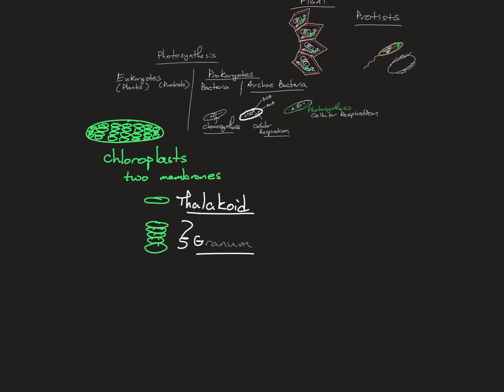chloroplasts are only found in eukaryotes because, guys, prokaryotes don't have any internal organelles except ribosomes. They don't have a nucleus, hence prokaryote. They don't have mitochondria. They don't have Golgi body. They don't have endoplasmic reticulum. They don't have vesicles.